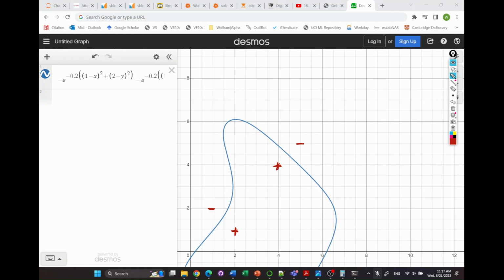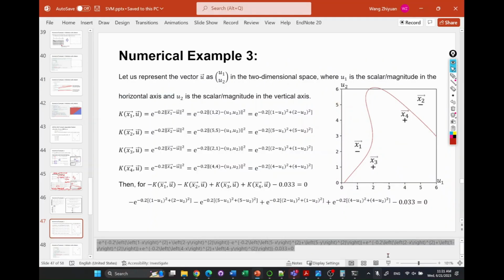So you can see now the positive samples are separated from the negative samples. In a sense, the region enclosed by the curve is the positive class region, and outside of this curve is the negative region.